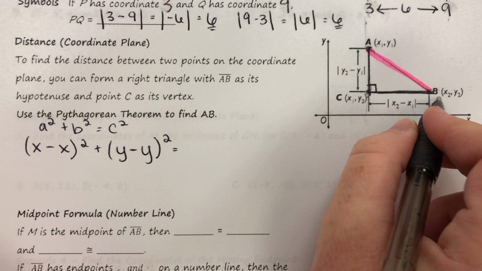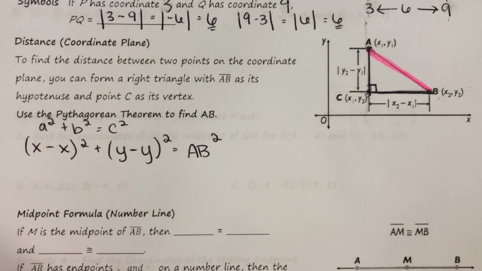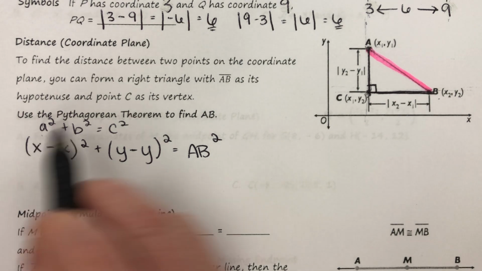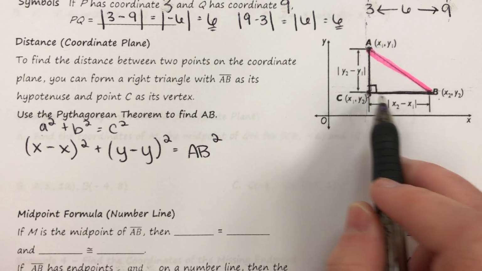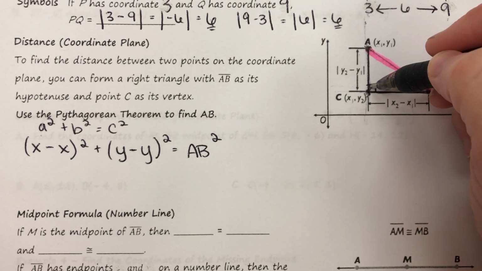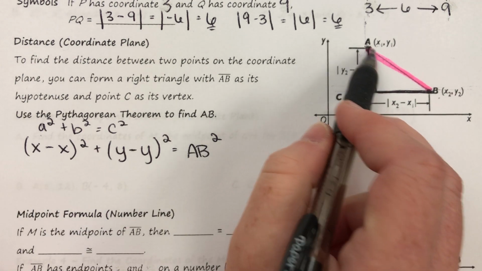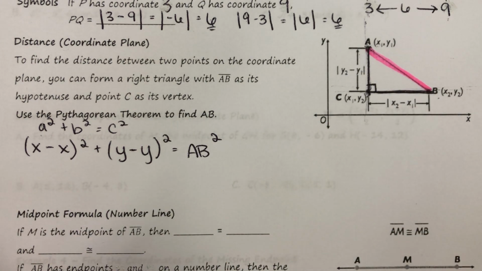And I don't know what the length of this side is, so I'm just going to call it AB, that side squared. Everyone following me? One side of my triangle is the difference in my x values. The other side of my triangle, the length, is the difference in my y values. And using the Pythagorean Theorem, that's going to give me the length of this third side.